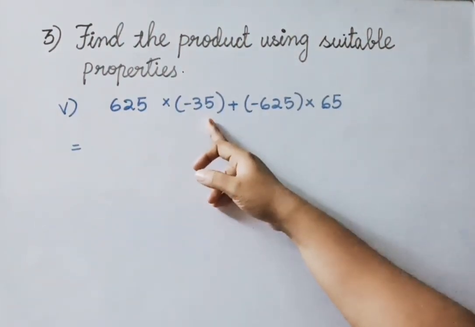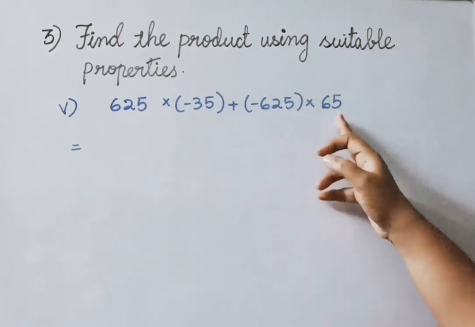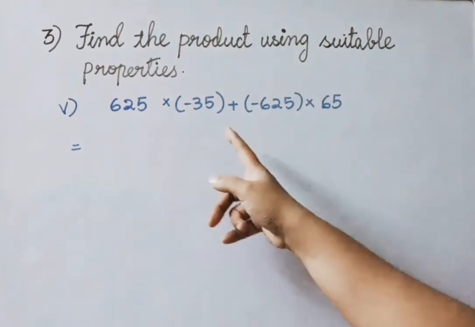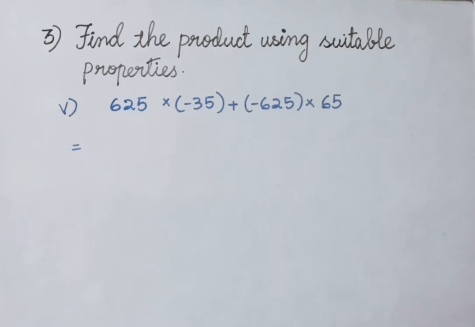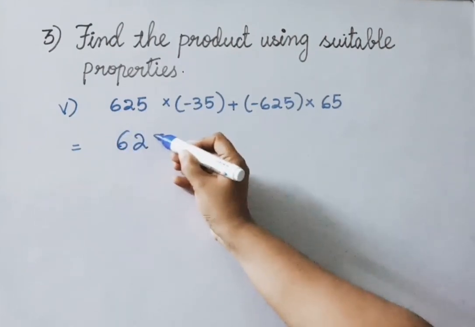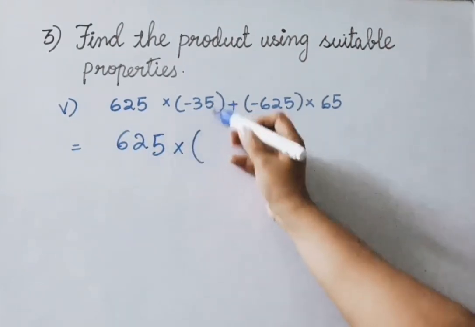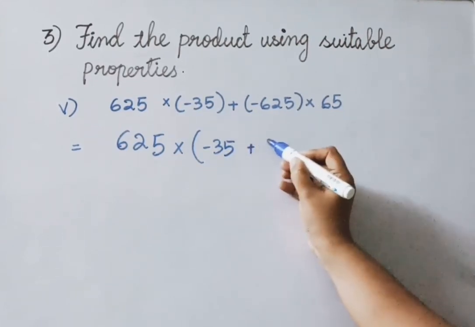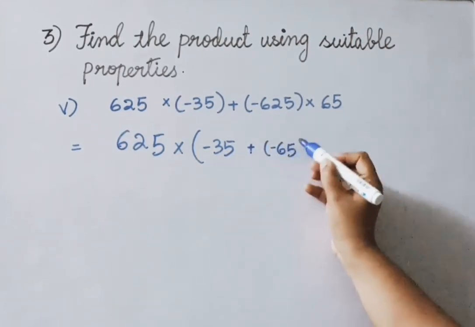See fifth sum now. 625 into minus 35 plus minus 625 into 65. This is looking like distributive property, A into B plus A into C. This can be written as A into B plus C. So take 625 as common into, now write down here minus 35 plus of minus 65.